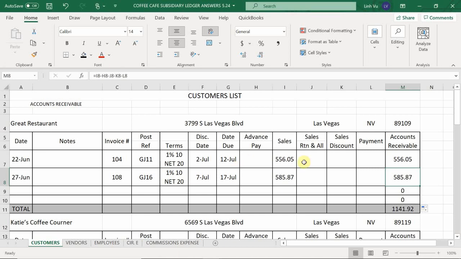So this was a simple one. No extra things that we need to add in here.